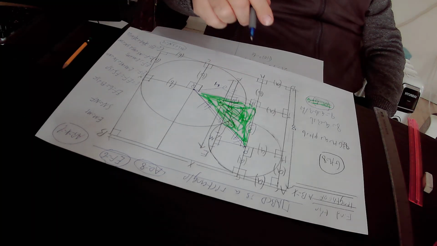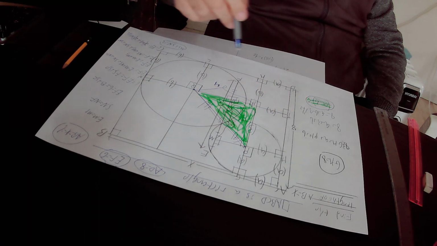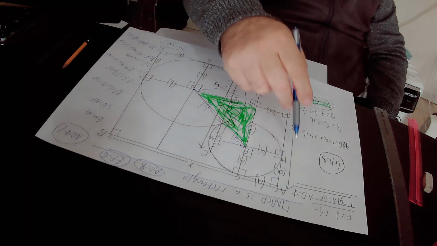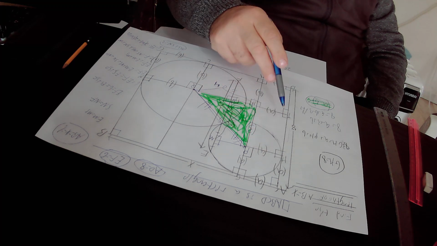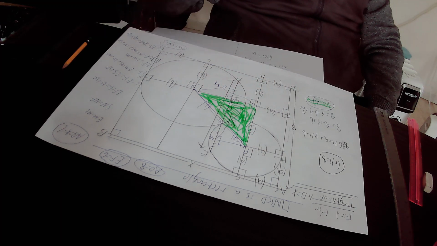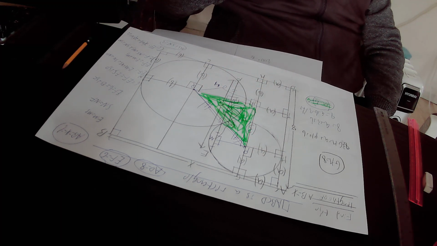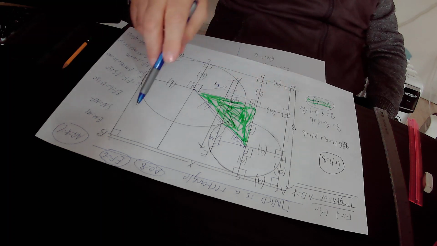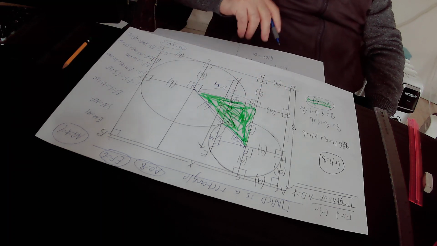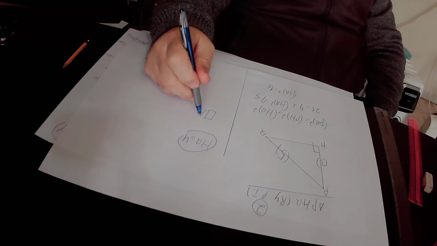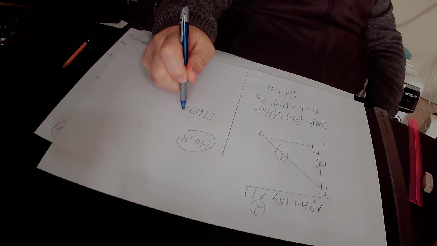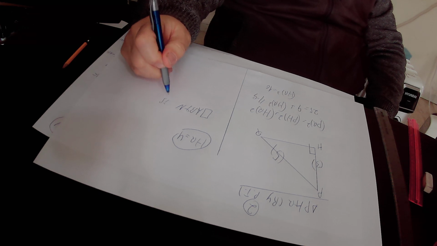Quadrilateral ABTN. Inside this quadrilateral we have 1, 2, 3, 4 right angles. Therefore quadrilateral ABTN is a rectangle.